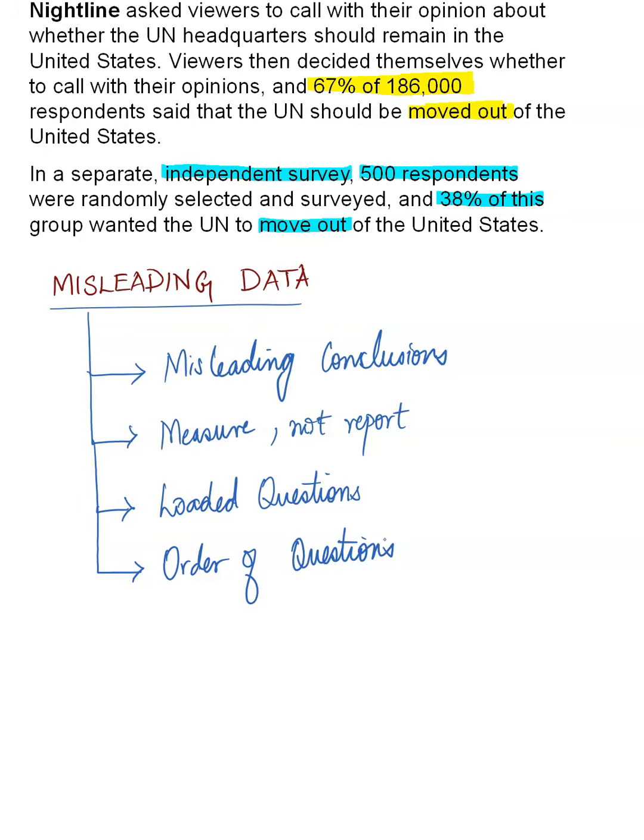So if we ask, is air pollution caused by industries or by vehicles? The order in which you place them, industries or vehicles, can move people to blame the industries. But if you put it the other way around, is air pollution mostly caused by vehicles or by industries, then you tend to lean more towards the vehicles.